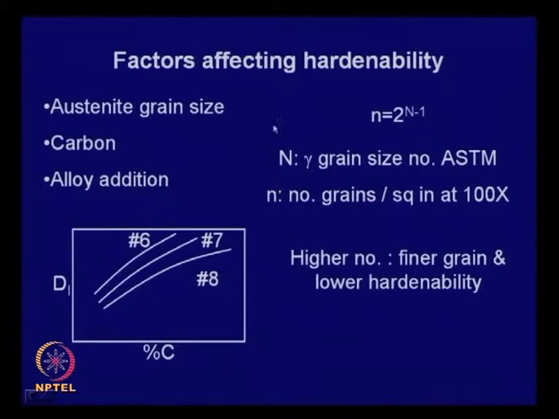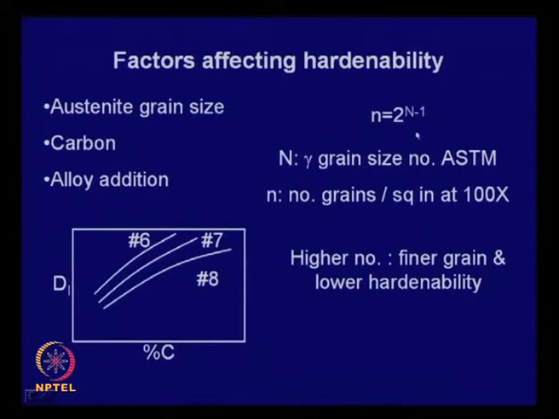And let us now look at the factors that affect hardenability. Part of it was explained last class, and there are primarily 3 main factors which determine hardenability. One is austenite grain size, and we talked about a method of determining austenite grain size.